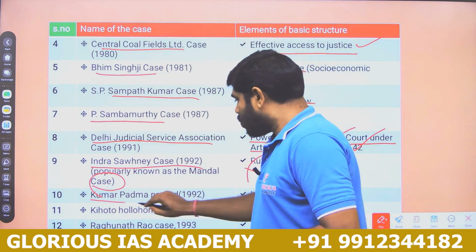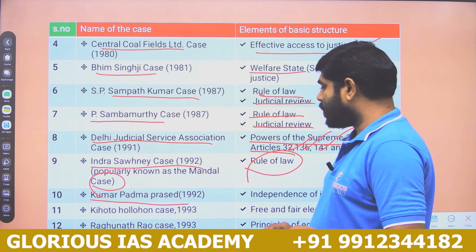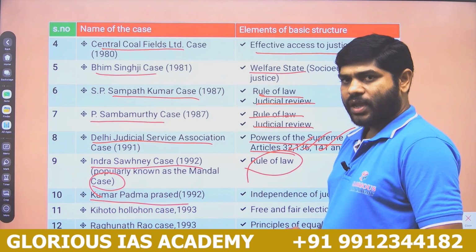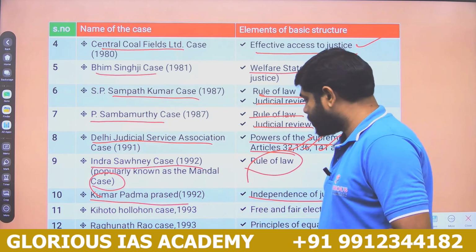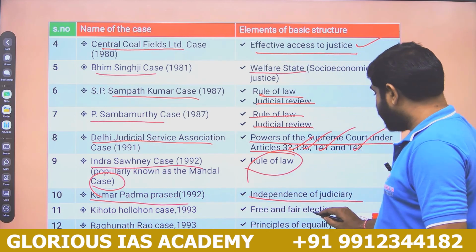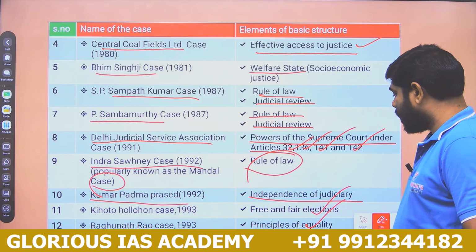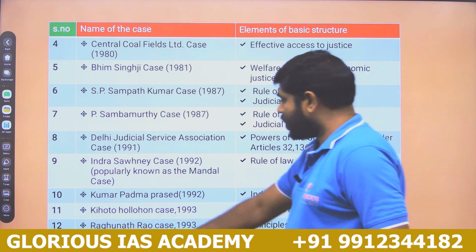Next, the Subhash Kumar Padma Prasad case of 1992. In this case, independence of the judiciary was included, and in some other cases like S.R. Bommai case and Raghunath Rao case, fair elections, principle of equality, federalism, secularism and democracy were included.